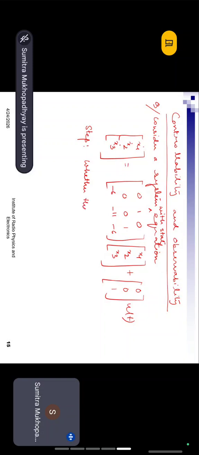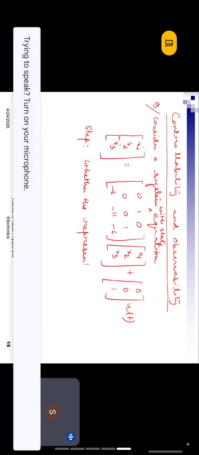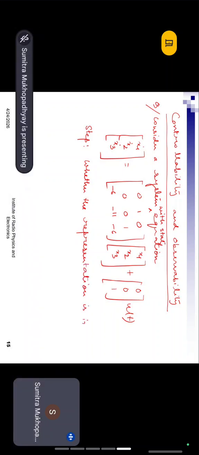Whether the representation is in canonical variable form or not. It is not in canonical variable form.